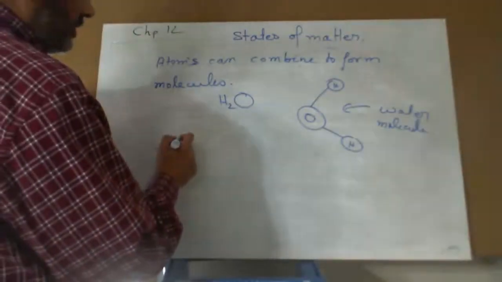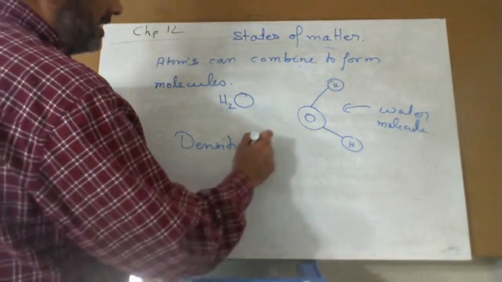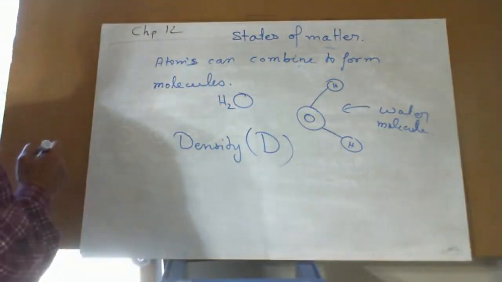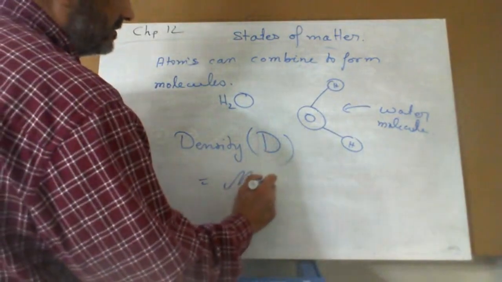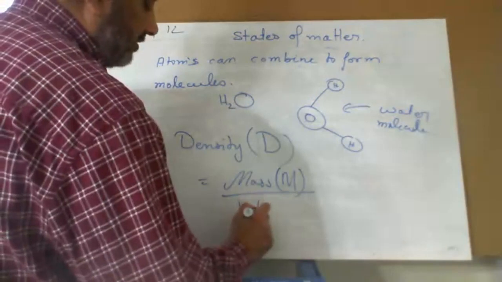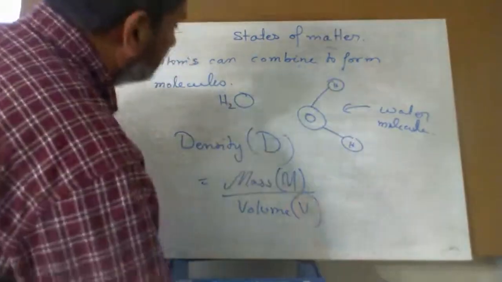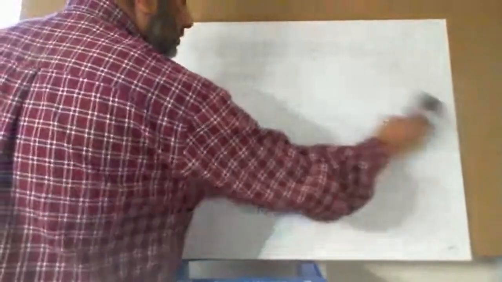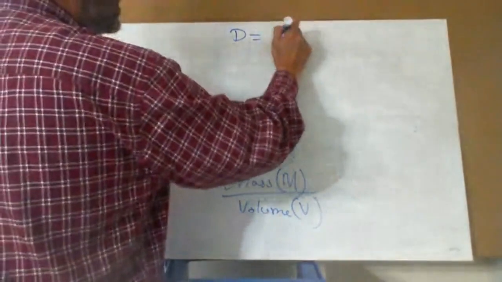Okay, so we are going to define density, and we're going to use the letter D. And density is equal to mass M divided by the volume V. So we write density is equal to mass over volume.